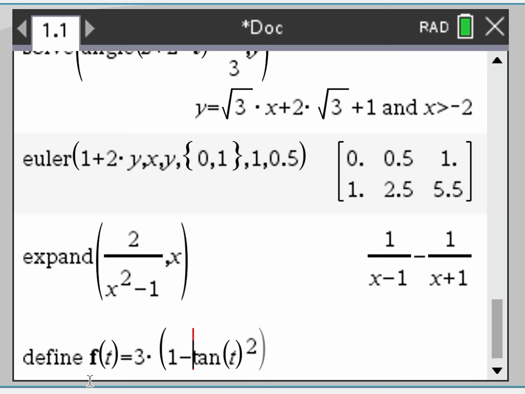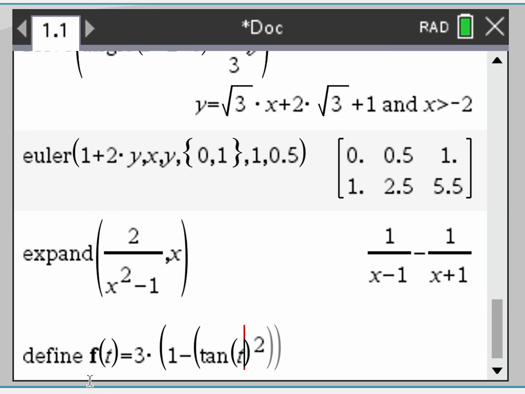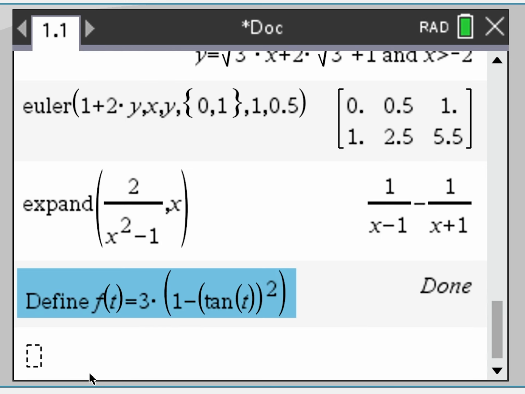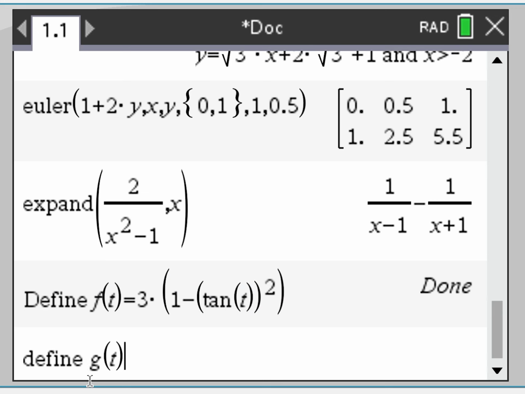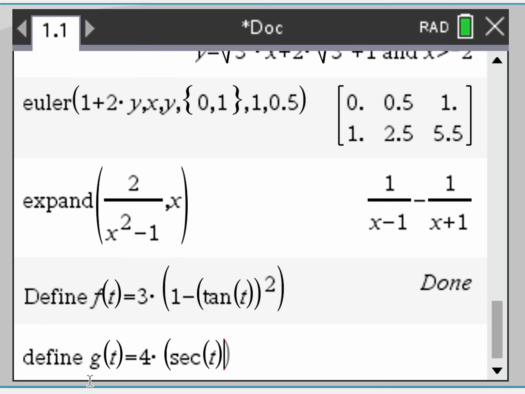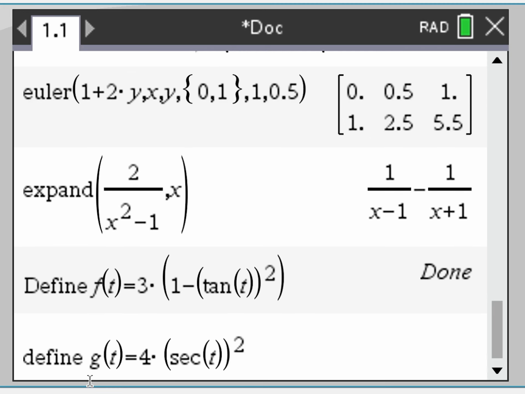Let me put an extra bracket just so I do not confuse this. Okay, so that is our f of t. Let us define g of t equals the y term, so 4 times sec of t squared.